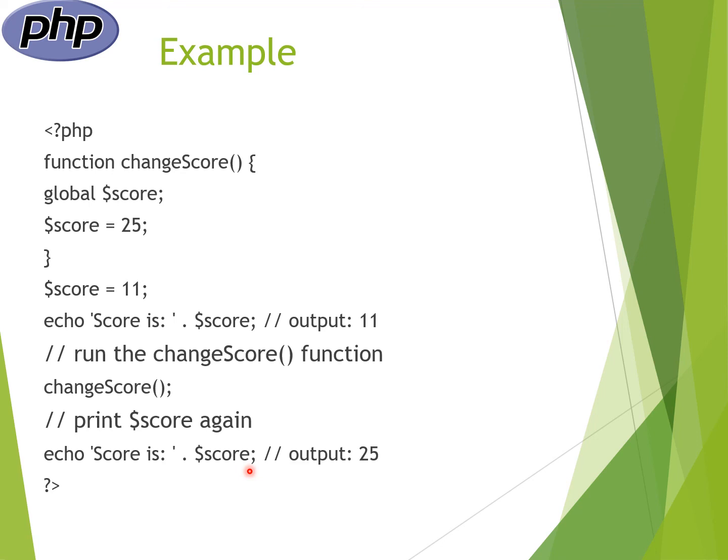Score is 25 because before this display statement we called the changeScore function, in which the global variable score is set to 25. So that value is used in the display statement. This is the difference between a local variable and a global variable.